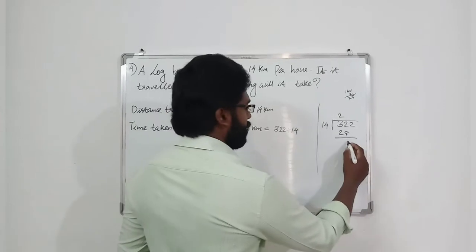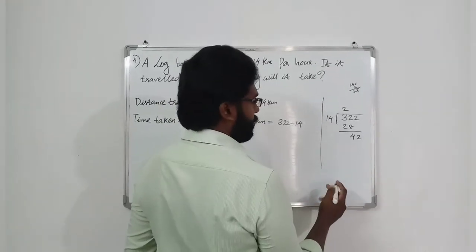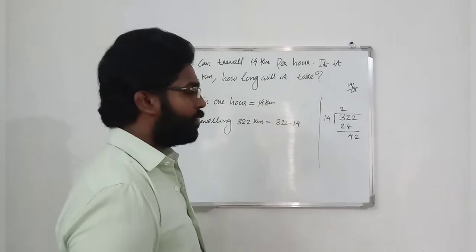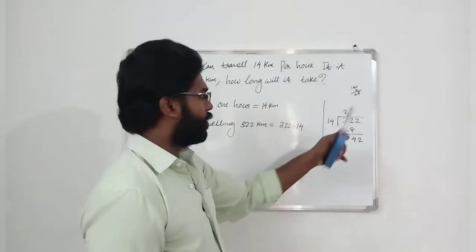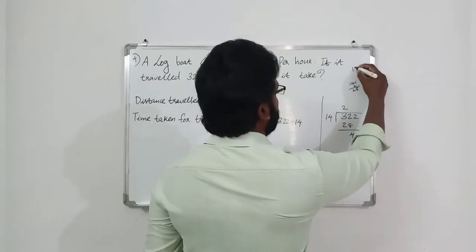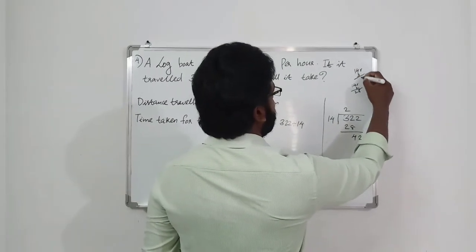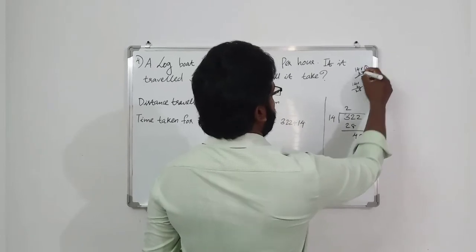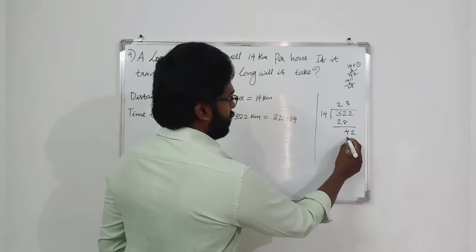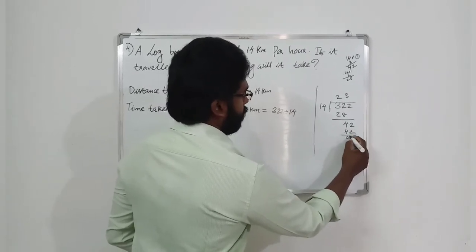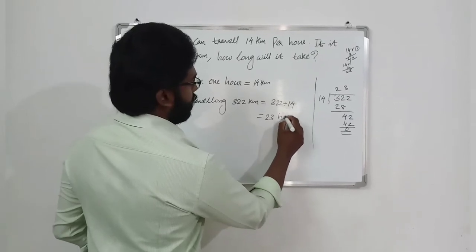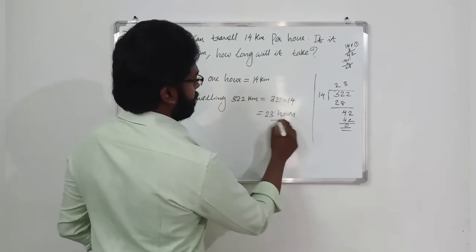The difference is 4, 42. Then we can obtain 42 in the 14 table. 14 into 1 is not. 14 into 2, 28. We can find 14 into 3. 4 3s are 12 and remainder 1. 1 3s are 3 plus 1, 4. So 14 into 3, 42. So the answer is 23 hours.